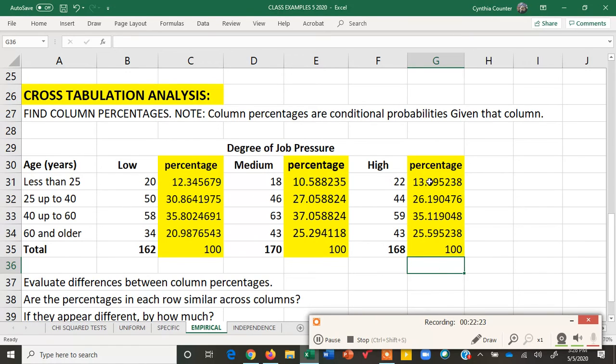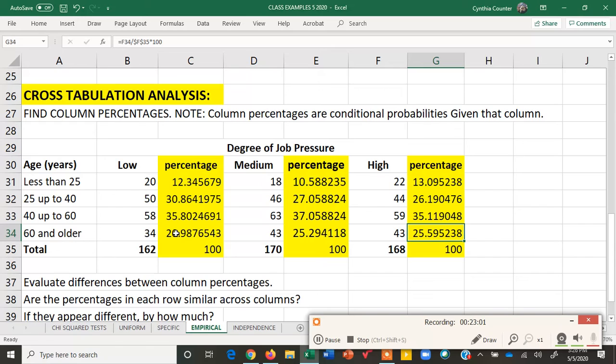If they are similar across the row, then we would say that the variables are independent because it didn't matter which level of job pressure, it was similar across the age groups. 12, 10, 13 looks similar. 30, 27, 26 looks similar. 35, 37, 35 looks similar. 20, 25, 25.